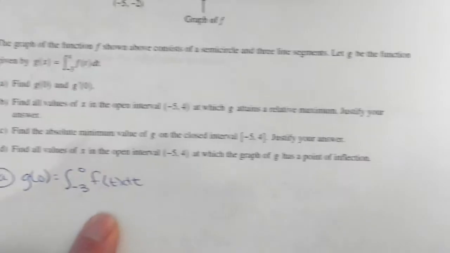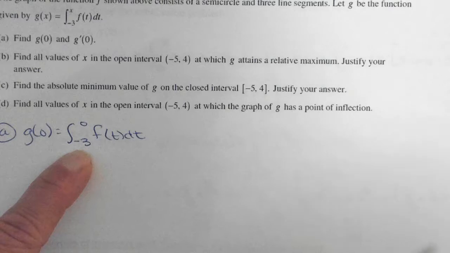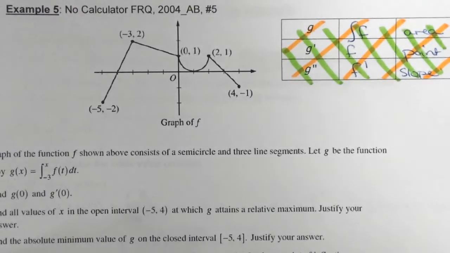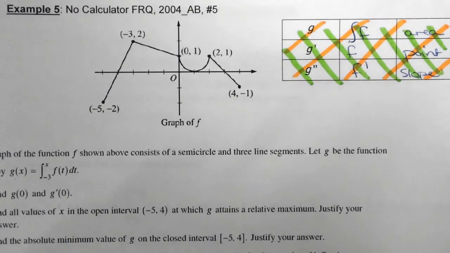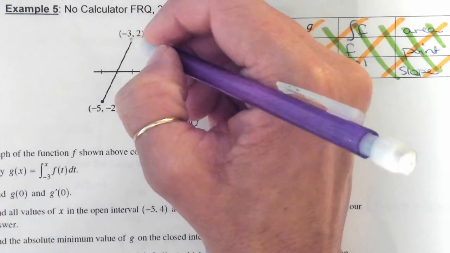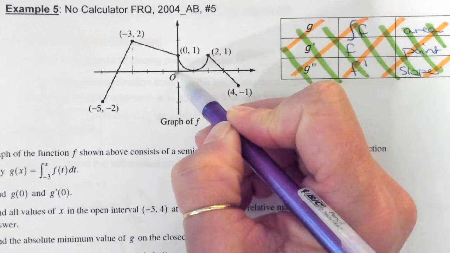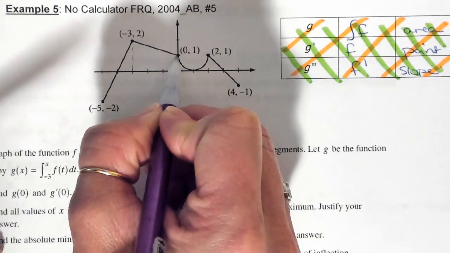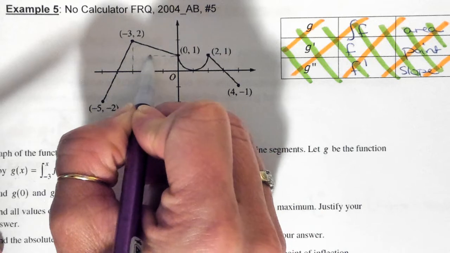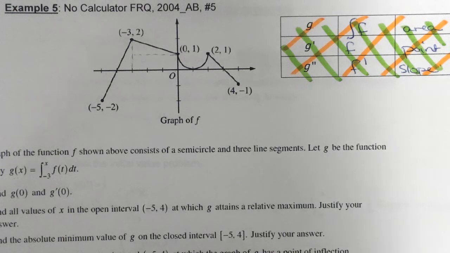Okay, I don't know what f of t is. I don't know what the function is. So I actually have to go to the graph, and I want to go from -3 to 0. Okay, so if I go like this, I now have a rectangle and a triangle. What's the area of the rectangle? That would be 3.